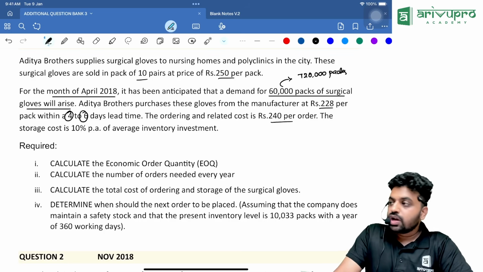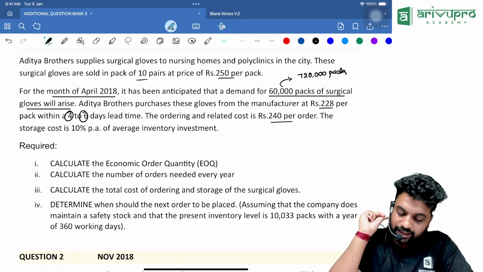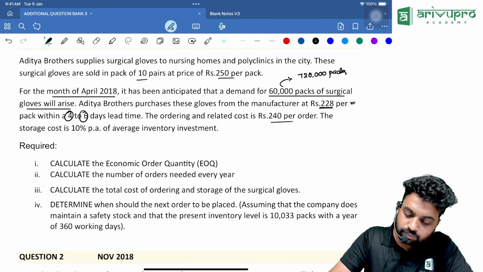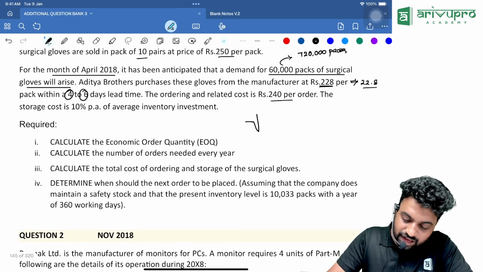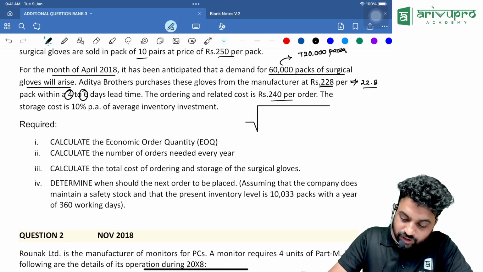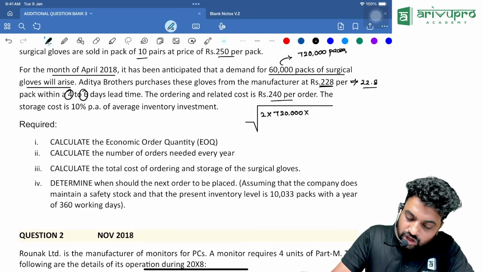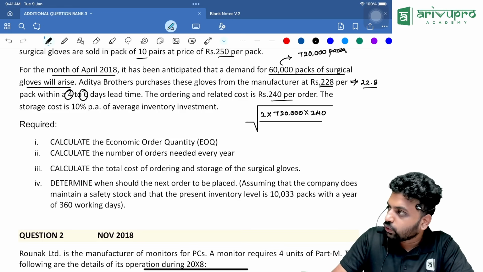Ordering cost they have given as 240. But carrying cost should be 10% of your purchase price, that is 10% of 228, 22.8. Using this, you can find out EOQ: square root of 2 into annual requirement 720,000 into ordering cost per order 240 divided by carrying cost per unit per annum 22.8.